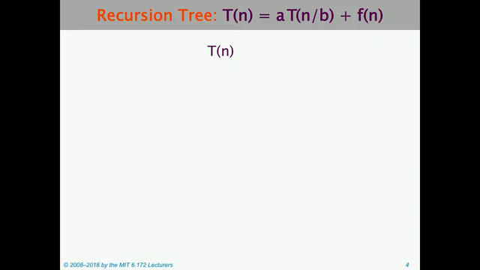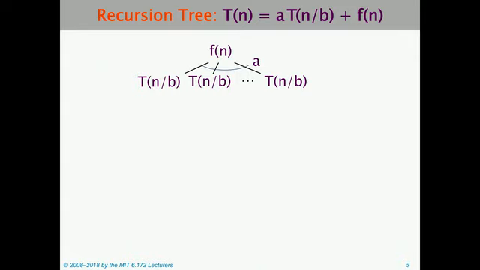So if I re-express this, okay, and I've written it a little bit differently, then I have an f of n. I can put an f of n at the root and have a copies of t of n over b. And that's exactly the same amount of work, running time, as I had in the t of n. I've just simply expressed it with the right-hand side.